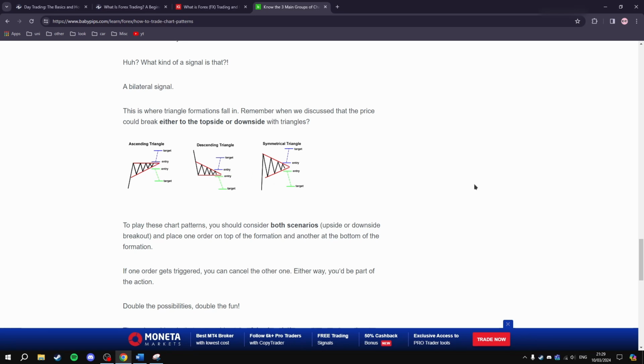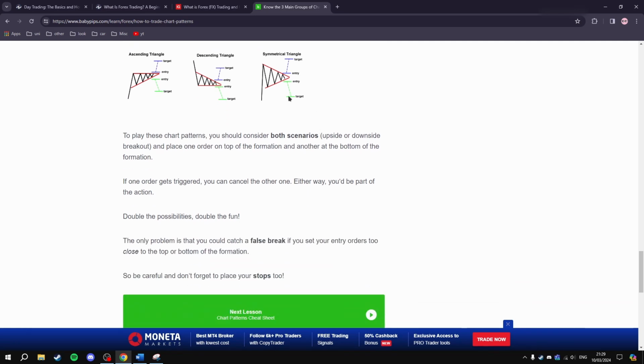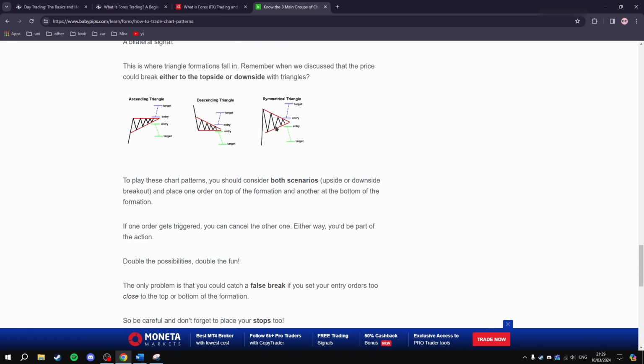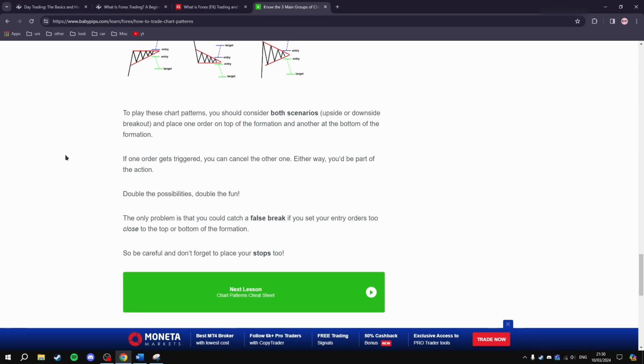But still, just place a few pips above whatever line it is to avoid a false breakout. Then as soon as one of the entry orders is triggered, cancel the other entry order and immediately place a stop loss wherever the other entry order is, I'm assuming. So in this case, if the price went that way, change that entry order into a stop loss order, or if the price went that way, change that entry order into a stop loss order. So I think that's how it works.